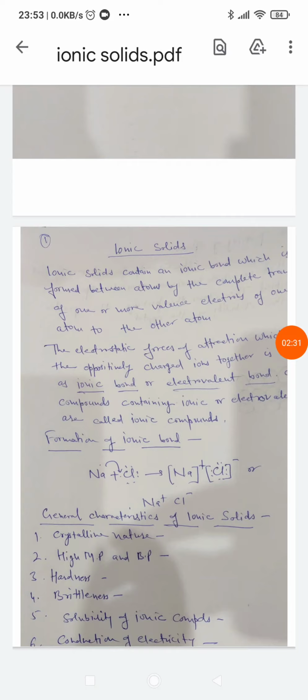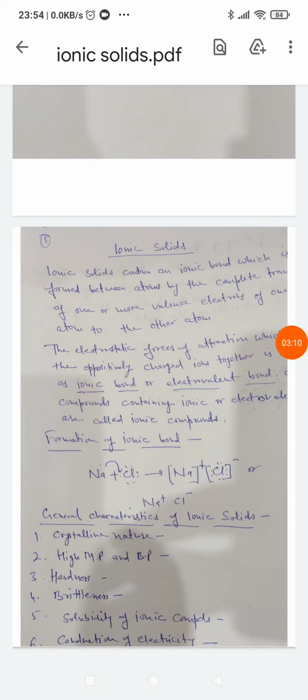atoms. Therefore, sodium gives up an electron and becomes a positively charged species, while chlorine takes up the electron and becomes a negatively charged ion. These two ions are then held together by electrostatic forces of attraction, which constitute an ionic bond. When atoms combine by electron transfer, the number of electrons gained or lost must be equal so that the resulting compound on the whole is electrically neutral.